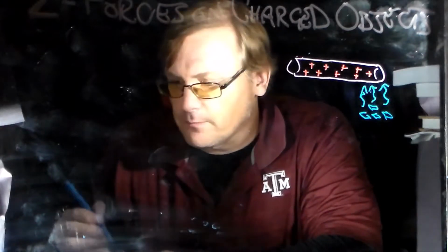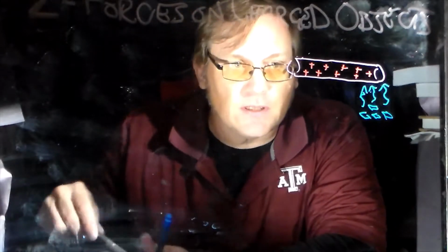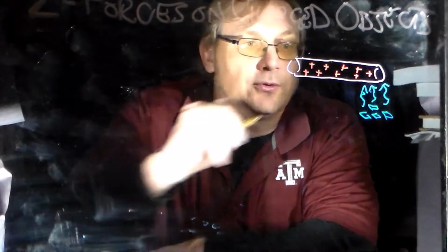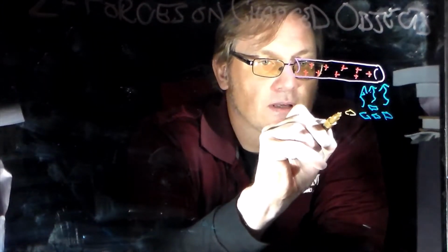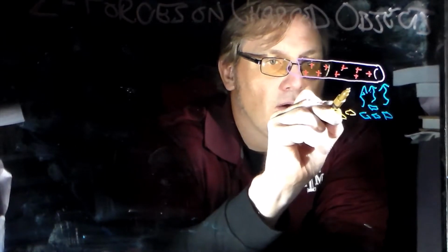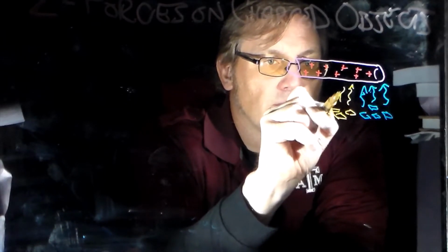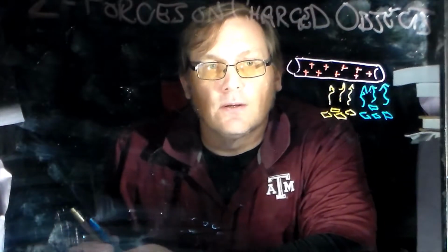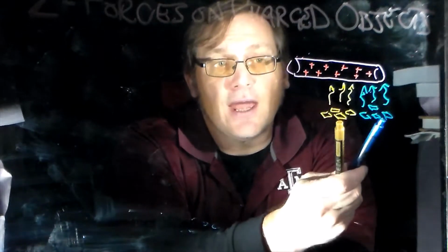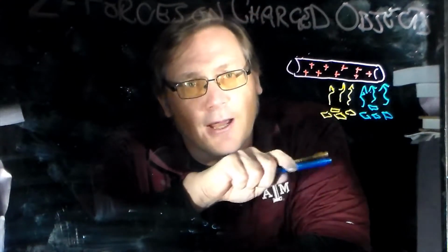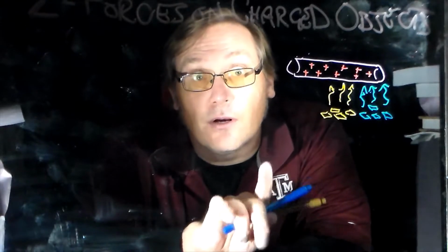So that's weird. Even weirder is if you had some little flakes of gold, let's say, sitting over here. They would also sort of drift up to the rod. So we've got an insulator and a conductor, two different things, and they're both attracted to this rod that's charged even though they're not charged.